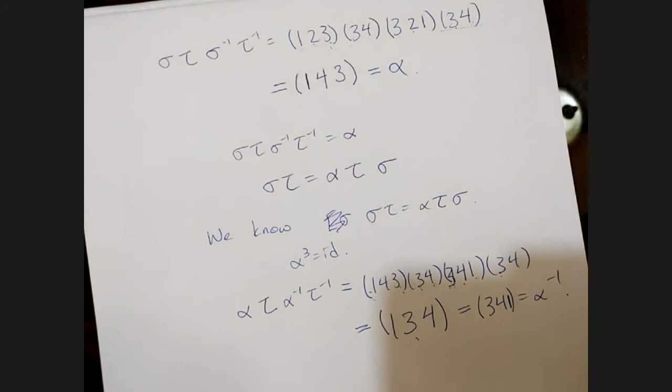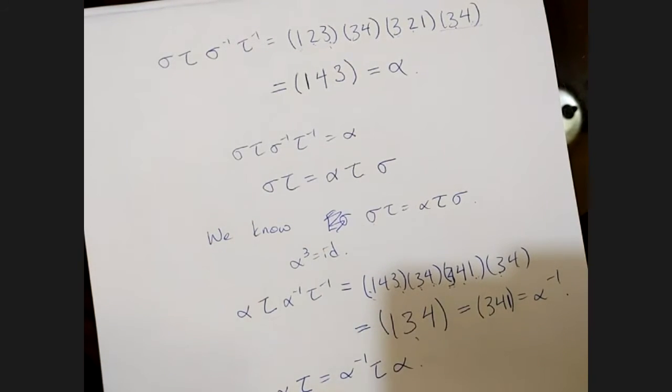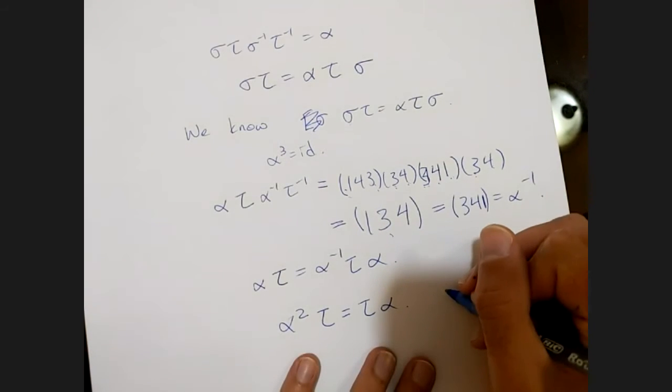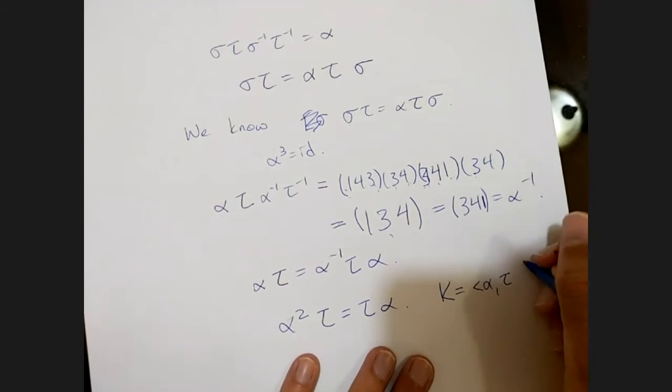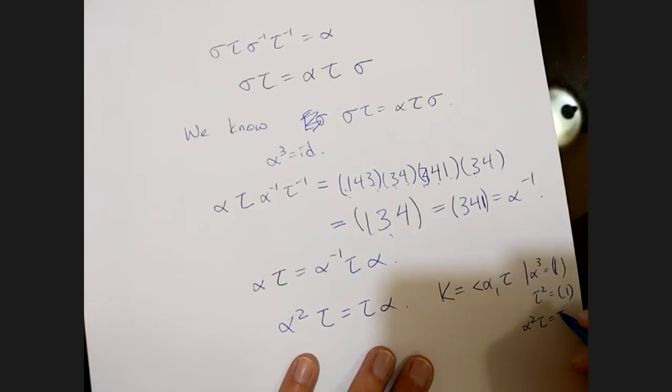Okay. So what does this tell us? Alpha tau alpha inverse tau inverse equals alpha inverse, so alpha tau equals alpha inverse tau alpha. In other words, alpha squared tau equals tau alpha. So now inside H, this is useful. Inside H, we have the subgroup K generated by tau and alpha, satisfying alpha cubed is the identity, and alpha squared tau is tau alpha.